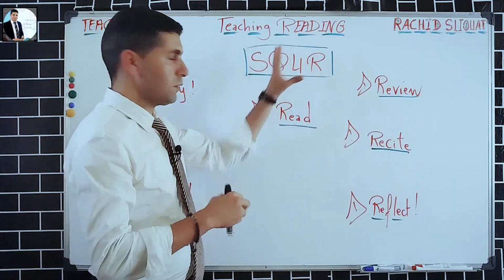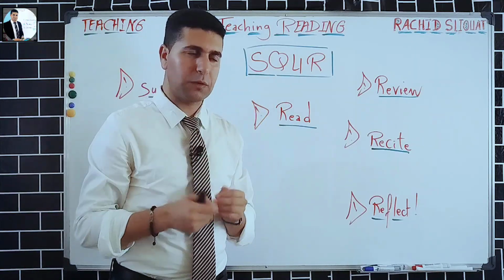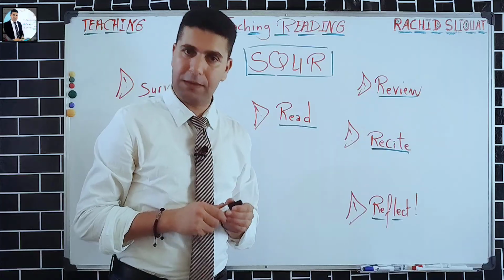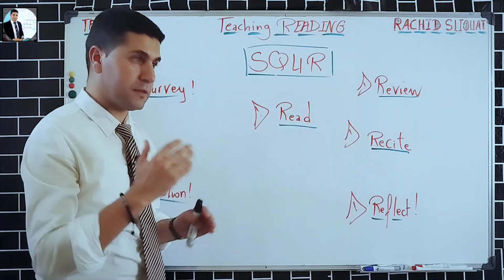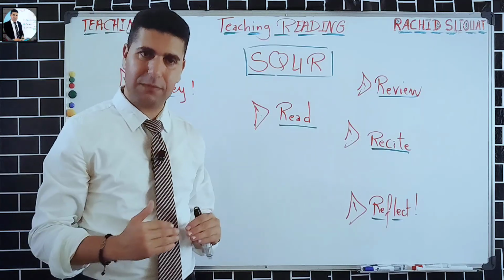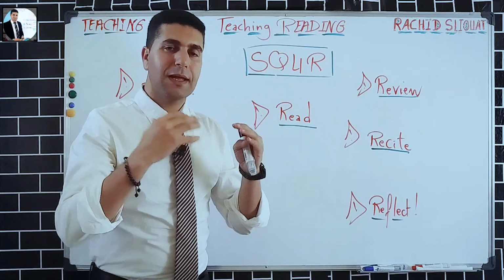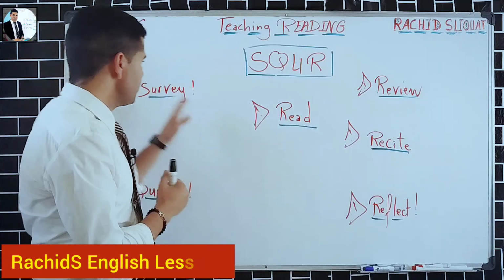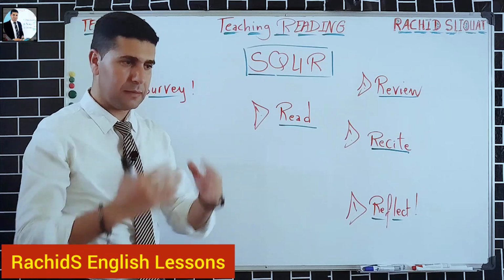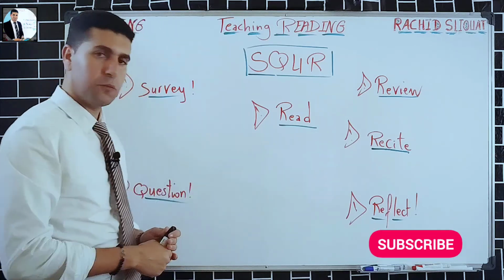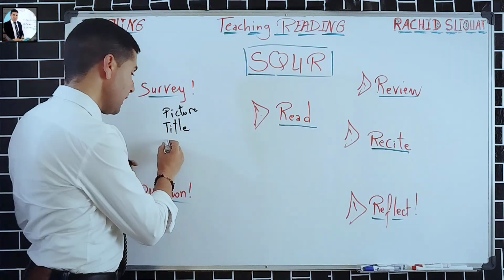So when we talk about reading, we always have a text. Before we read the text, we survey. When I say we survey the text, it means we look at the pictures, we read the title, the subtitles, and any words in bold. To survey the text means to go through the text quickly.